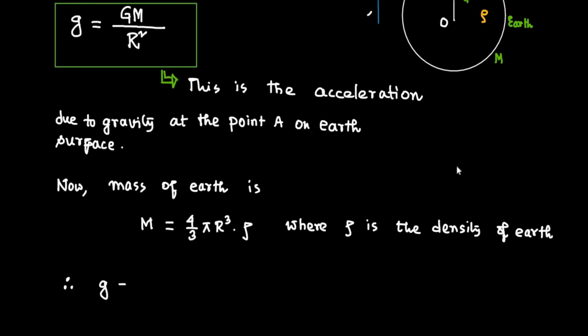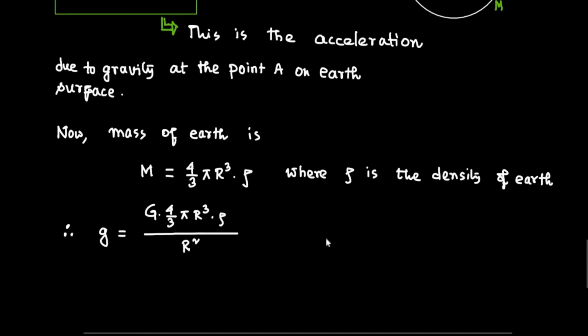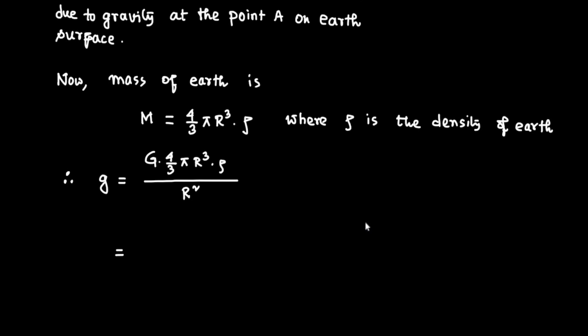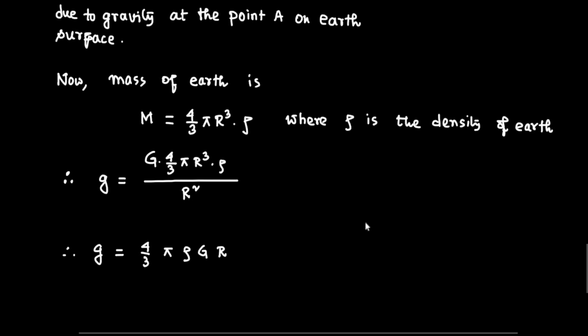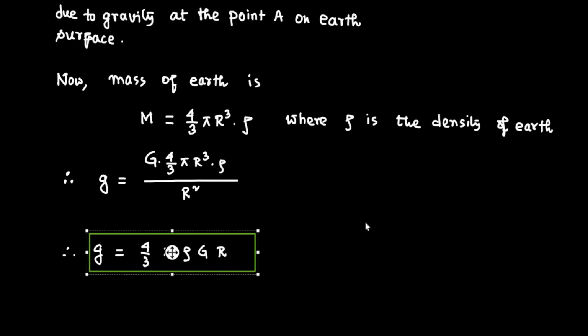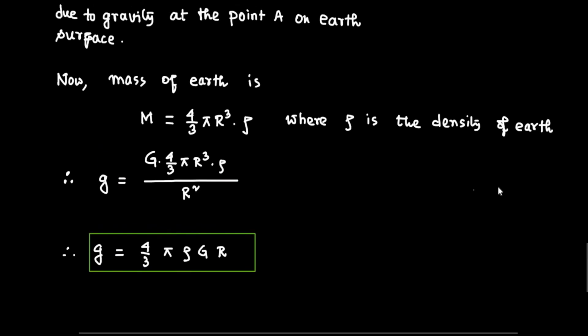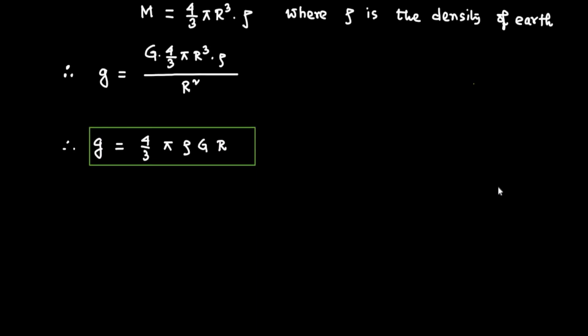Putting the expression of mass of Earth in the expression of small g, we get small g equals G into 4 by 3 pi R cube dot rho divided by R square. Therefore, small g equals 4 by 3 pi rho G capital R. This is the expression of acceleration due to gravity in terms of density of Earth.